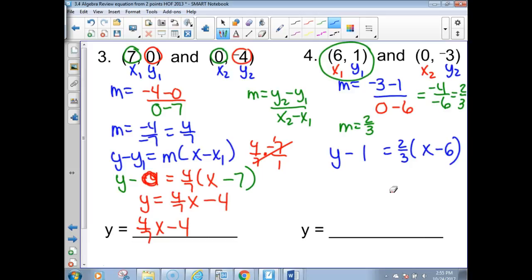Okay, your slope should have been 2/3 for number 4.